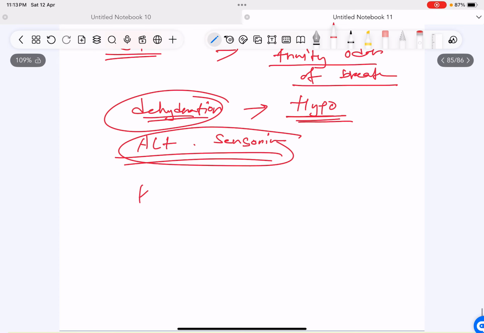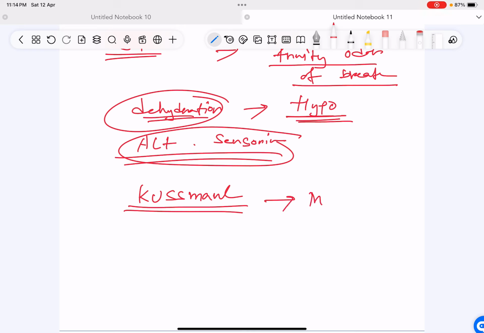Kussmaul respiration, very important question. What is Kussmaul respiration? This is a form of respiration seen in almost any kind of metabolic acidosis. The person is taking deep as well as rapid breaths.